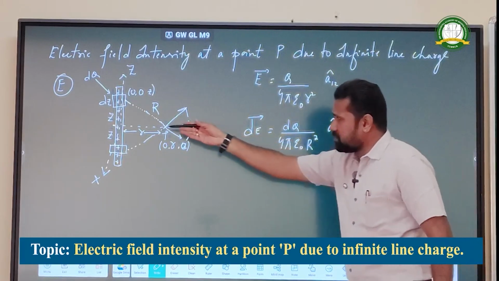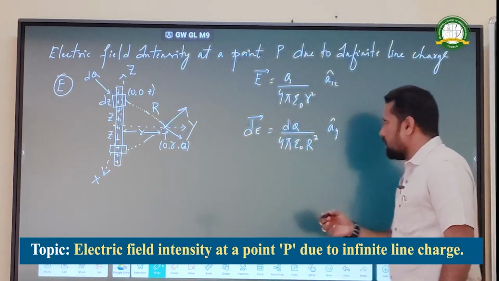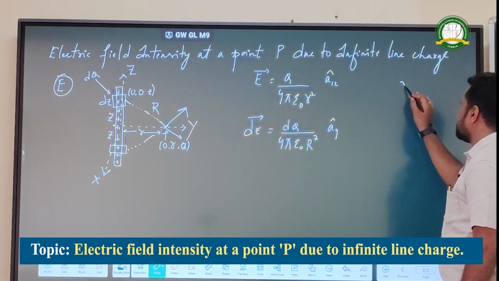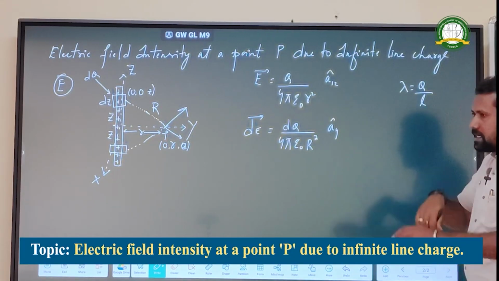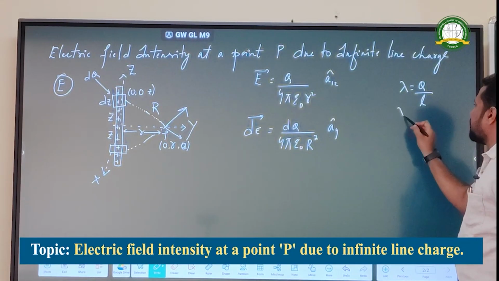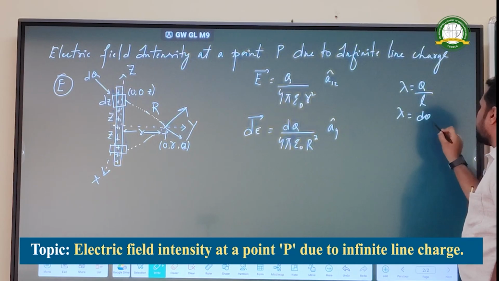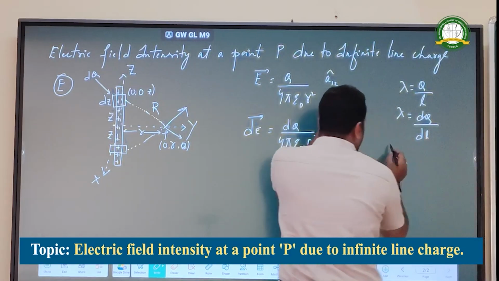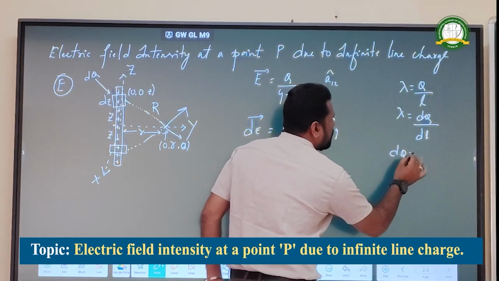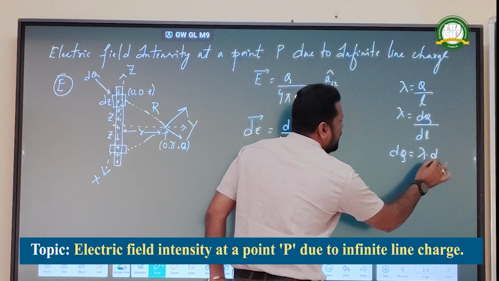For dq, since we are assuming a line charge, as we know lambda is equal to q by L. If we consider a small differential segment, lambda is equal to dq by dl, where dl is the small differential length. So dq is equal to lambda into dl.